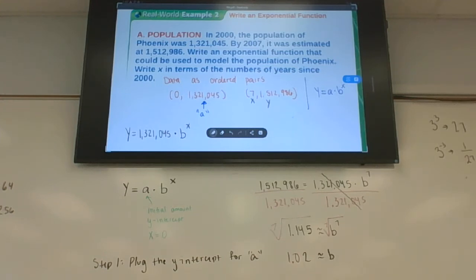Did you guys get 1.7? This button, right?